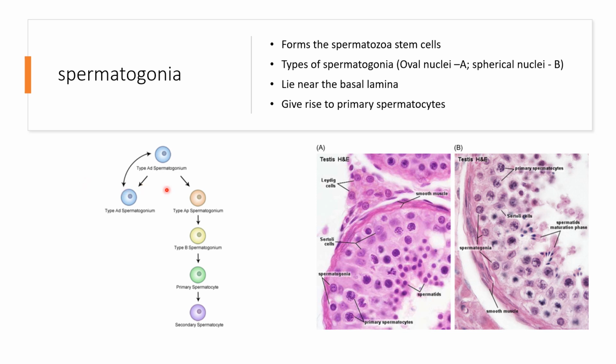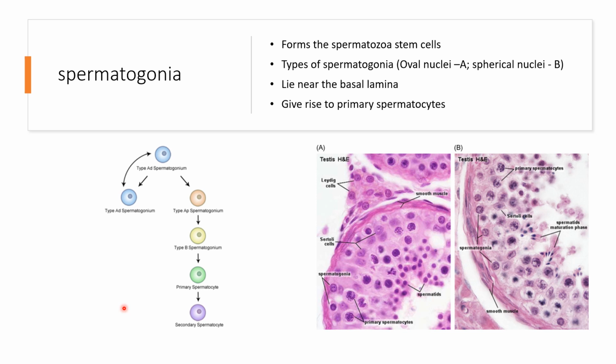Okay, so we have the type A, and type A has 2 types. We have the dark one and we have the pale one. Sometimes you see it called type AD or type A light. AD means dark, and AL means A light.